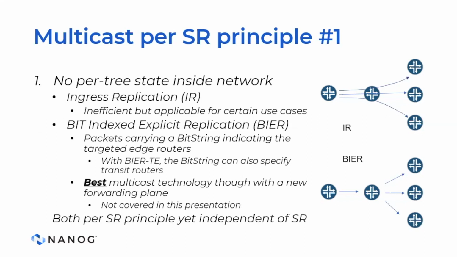The second one is BIER, Bit Index Explicit Replication. It is a new multicast technology that gives you efficient replication without requiring per tree state inside the network. The basic idea is that packets carry a bit string indicating where the traffic should go, and then the internal transit routers will figure out how to replicate towards those indicated edge routers efficiently.